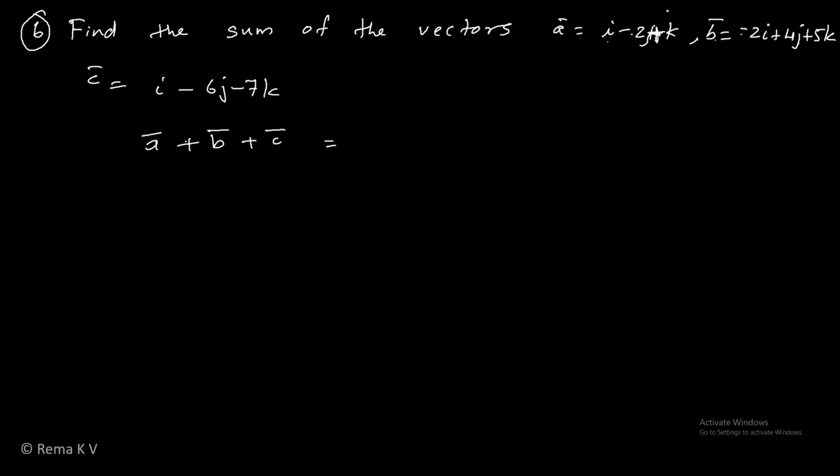Okay, adding this, i: 1 minus 2 plus 1, so it gives 0i, then minus 2 plus 4, this gives 2j, then 1 plus 5 minus 7, minus k. Or you can write this as 2j minus k.